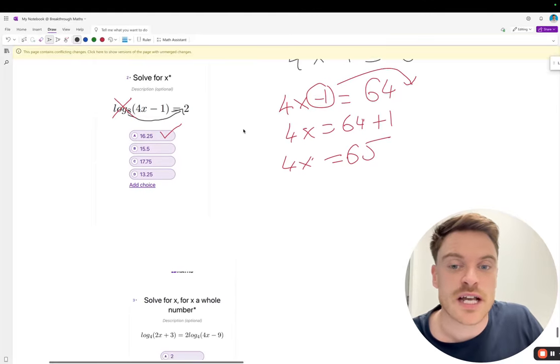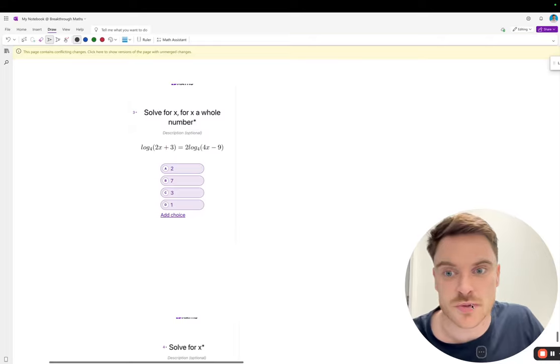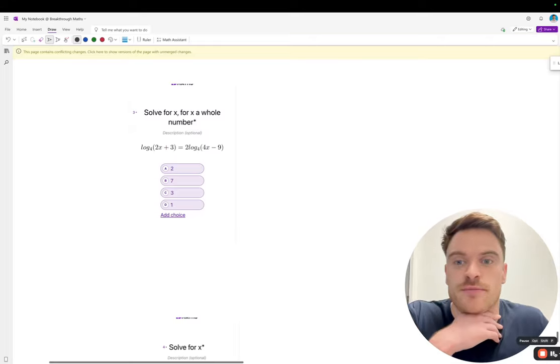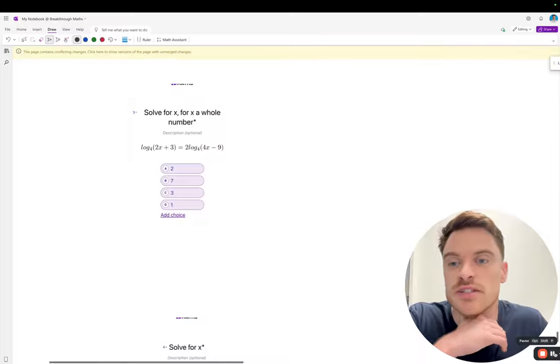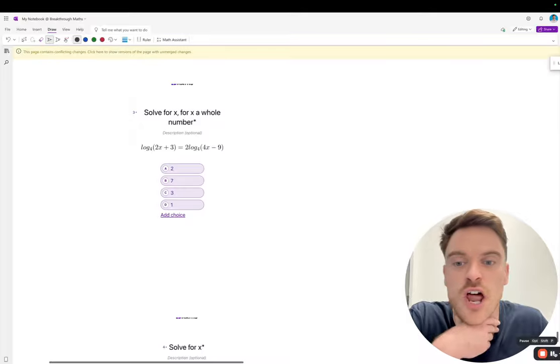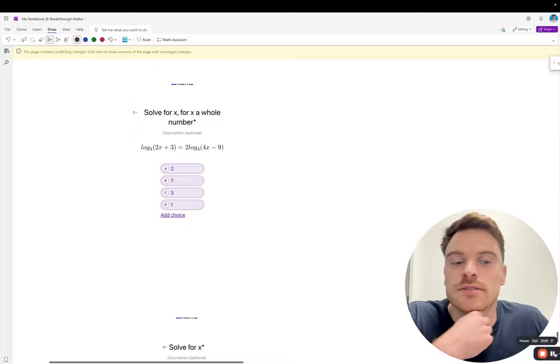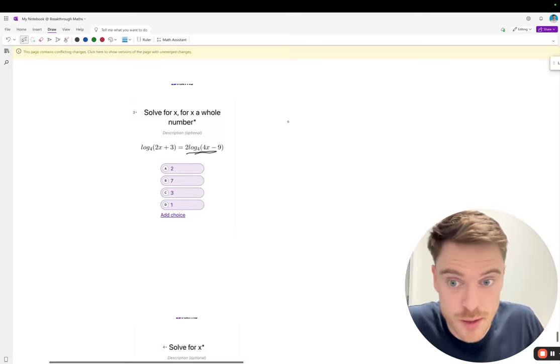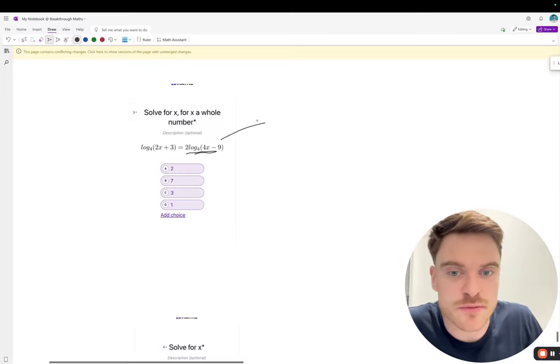Okay. Now the next one. This one is a bit trickier, and you will need to understand logs and log rules a bit more here. What I hone in on firstly is that I bring them onto one side if you want, but I'll focus on this one first.